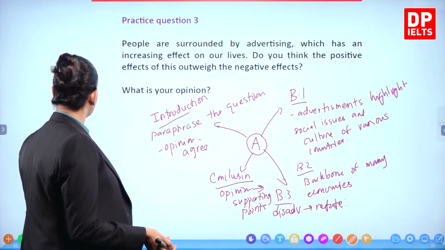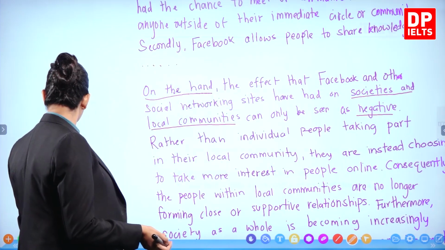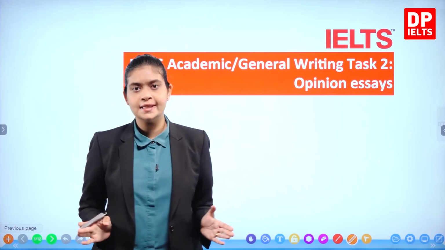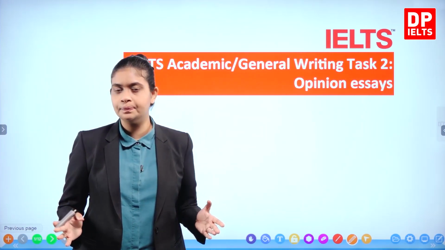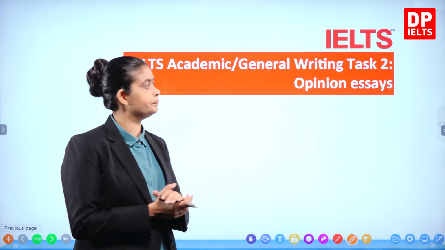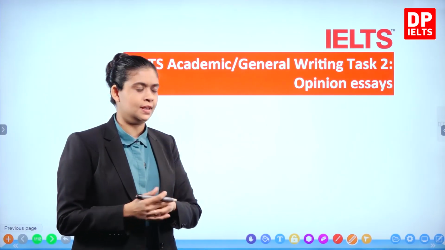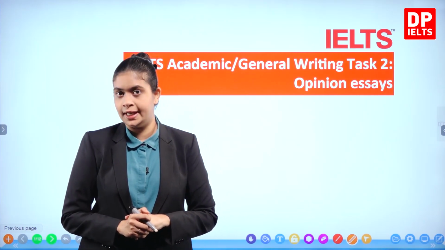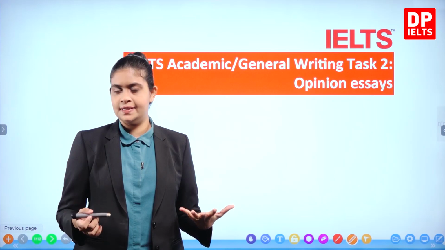Alright, so with that we have come to the end of the lesson. Today we were having a look at opinion essays. We had a look at the structure. I've anyway taught you a quick structure when we were looking at essay structures, and in this one we were looking at it more in detail. The types of opinion essays that you could get.